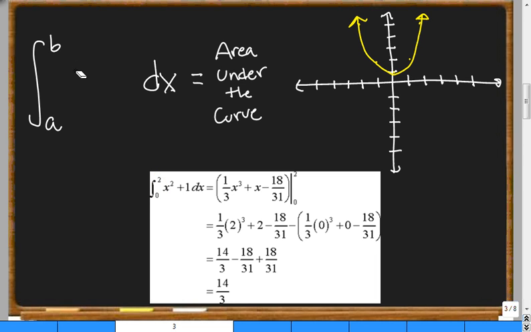So first of all, this is x squared plus 1, and my endpoints are 0 and 2. So I start at 0, and I go to 2. So everything under the curve there. This is what my definite integral is finding, based on the information that it's provided. So how do I figure out what this is?